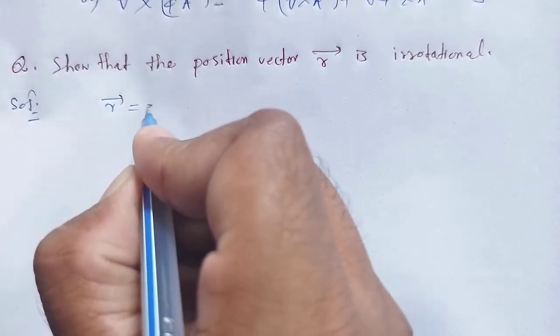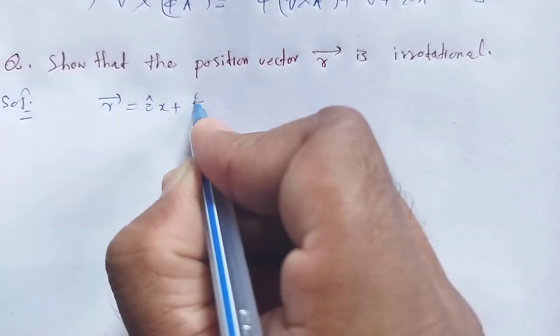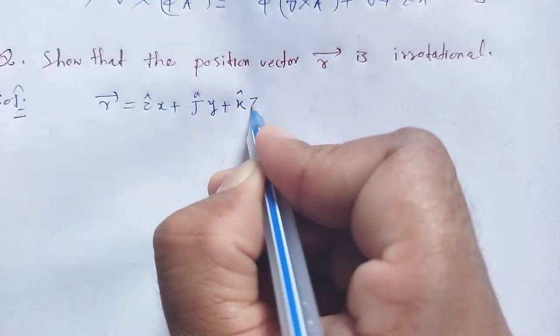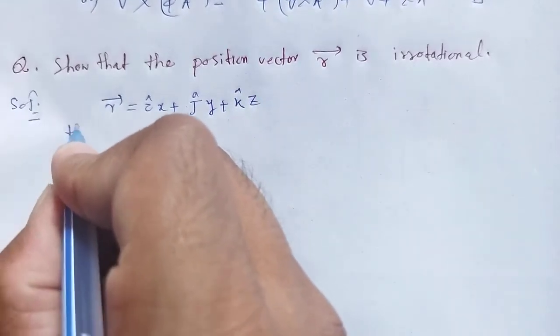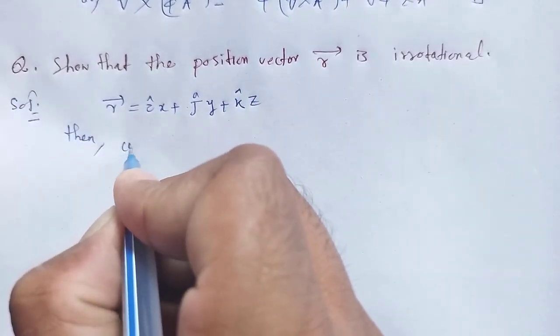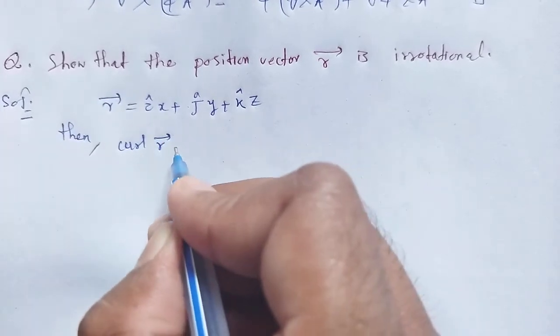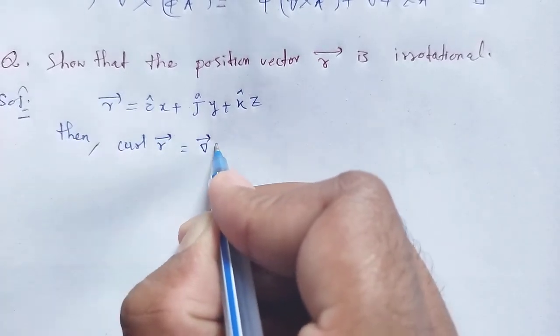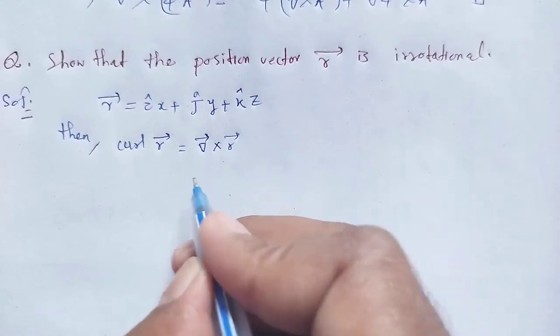We can find the solution in this way: r vector is equal to i cap x plus j cap y plus k cap z. Then curl of r vector is equal to grad cross r vector.